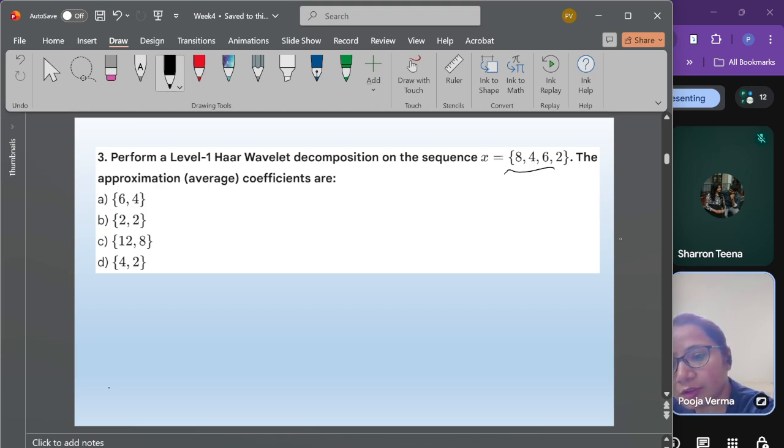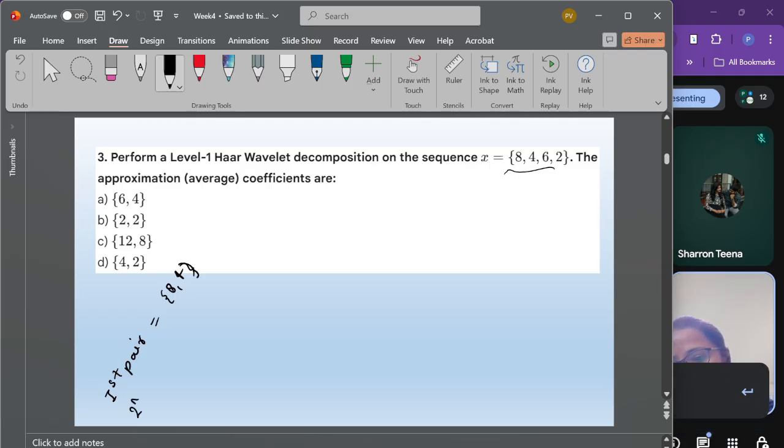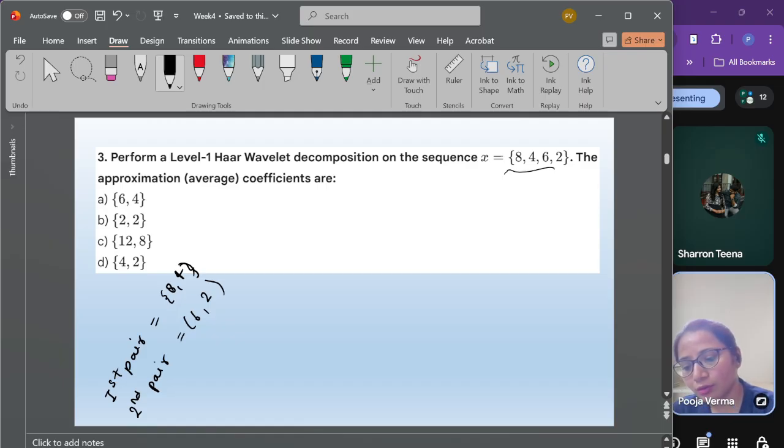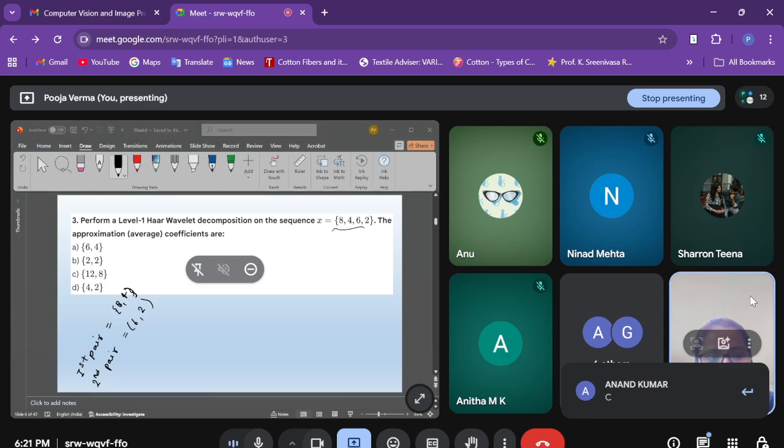So what will be our first pair? The first pair is 8 and 4, right? And our second pair is 6 and 2, right?